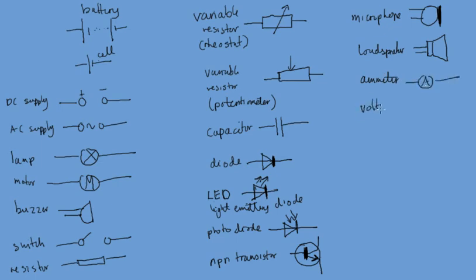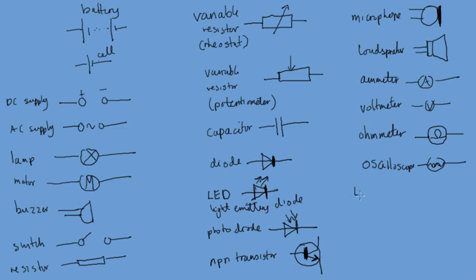A voltmeter, another easy one. An ohm meter, you'll see a pattern because this is an easy one too. And then we have an oscilloscope, which is another easy one to remember because it's just got a wee wiggly bit inside, like an oscilloscope display.